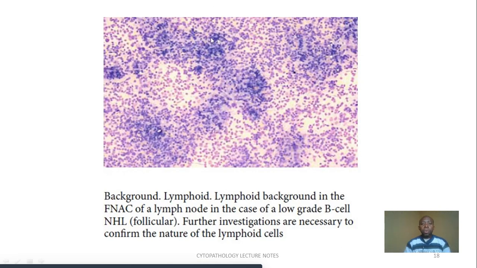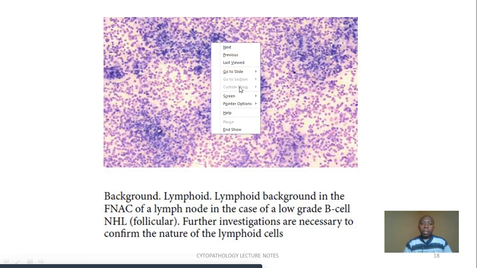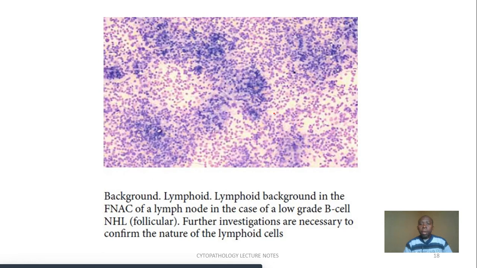In this image, it's not quite clear, but under higher magnification we would be able to see clusters of lymphoid cells, which are very many here, and you can see all these are clusters of lymphoid cells.